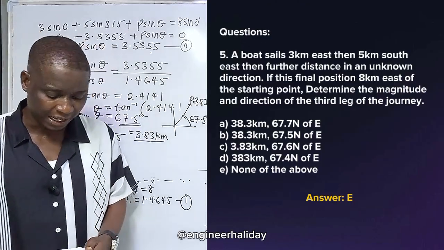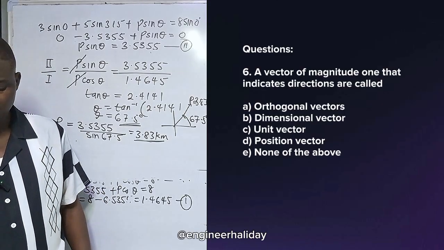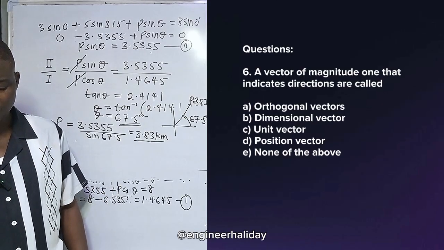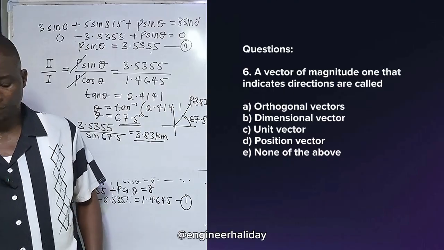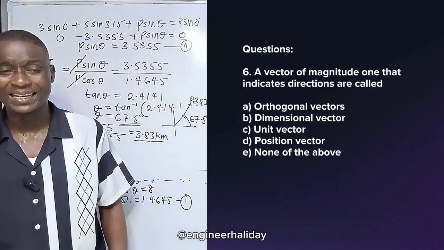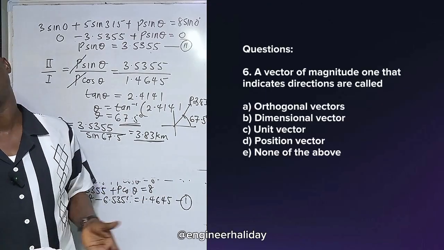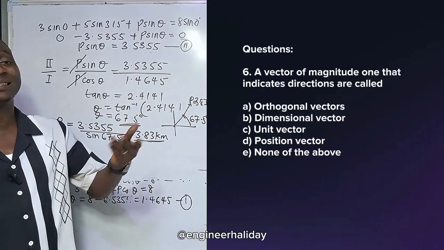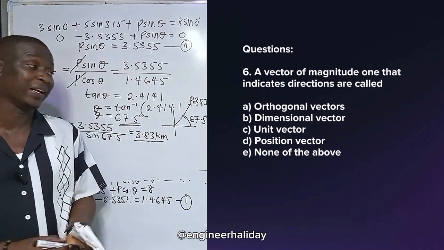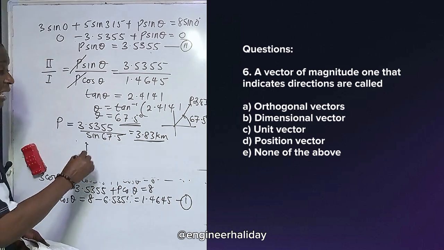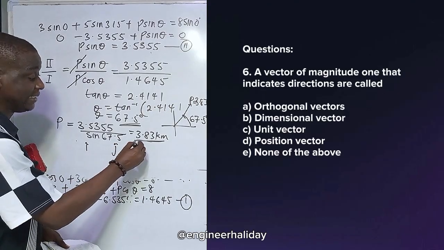Now the next one, number 6, says: a vector of magnitude 1 that indicates direction is called what? That is called a unit vector. I told you I would talk about some important types of vectors in this class, and one of them was the unit vector: along the X it is i, along the Y is j, along the Z is k.